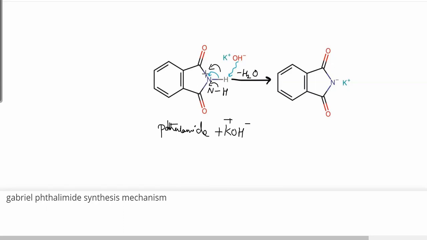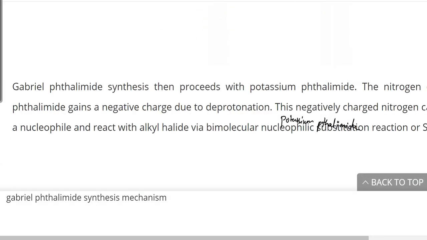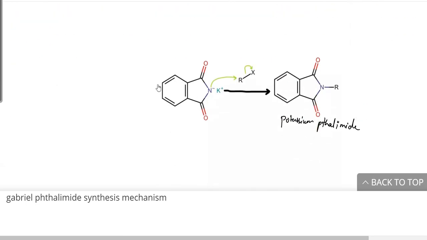Now, as the negative charge is present on the nitrogen here after the deprotonation, then the K plus will form an ionic compound here, that is potassium phthalimide. Okay, potassium phthalimide.